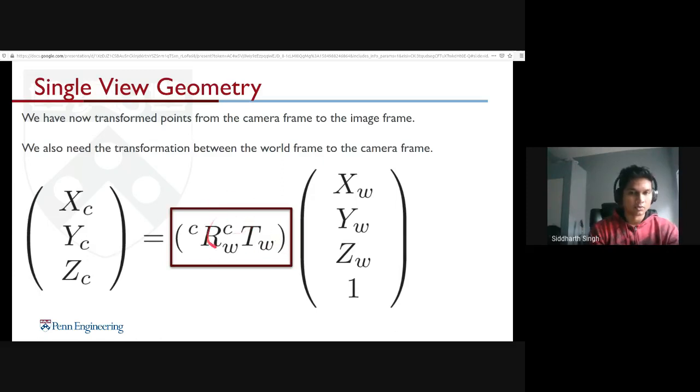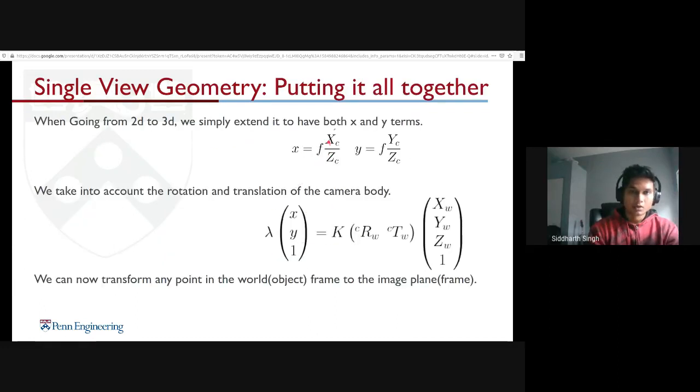Don't worry a lot about what's happening here, and this is not being explained a lot. This is what we will find in a few minutes. Now, putting it all together, we have the focal lengths, the optical center and scalings, and we put them together in the K matrix, and then we multiply that with the translation and rotation that we will try to find out, and that will take us from the world coordinate frame to the image plane, plus this lambda.